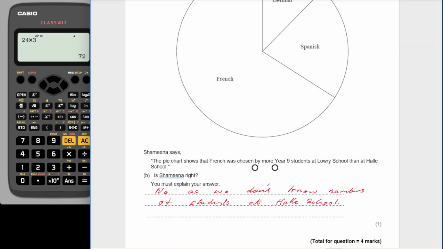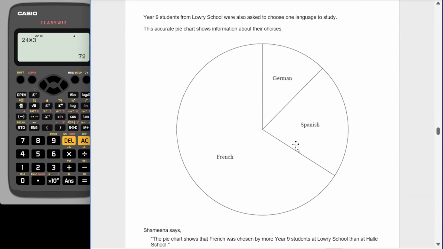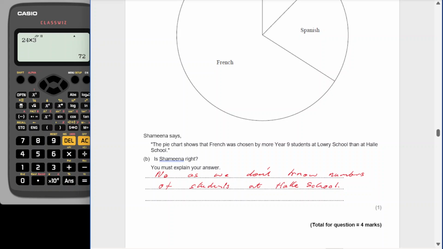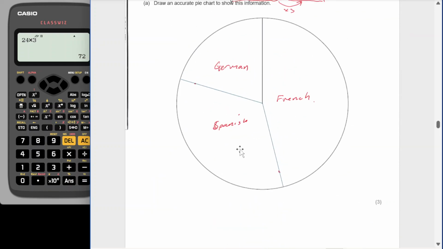So for example, if I think there were 120 at Lowry, if there were say 1600 at Halley School, then that would definitely not be true. Can we say a greater proportion of French? No, we can't, because the statement that French was chosen by more students still holds true or not. We don't know numbers.